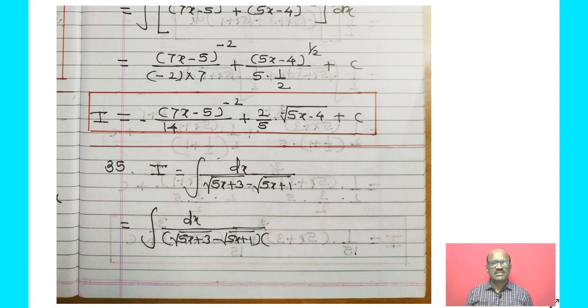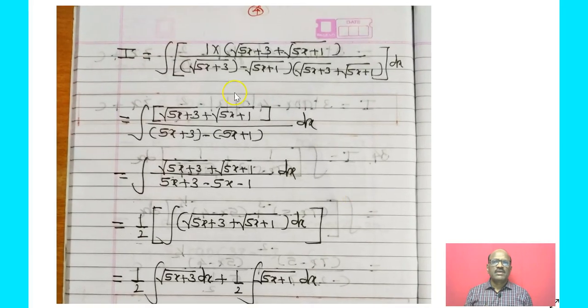Now see this. Here, the integral of 1 into root of 5x plus 3 plus root of 5x plus 1, upon root of 5x plus 3 minus root of 5x plus 1 into the second bracket. It's a conjugate pair: here there is a minus sign multiplied with the plus, that is, root of 5x plus 3 plus root of 5x plus 1.